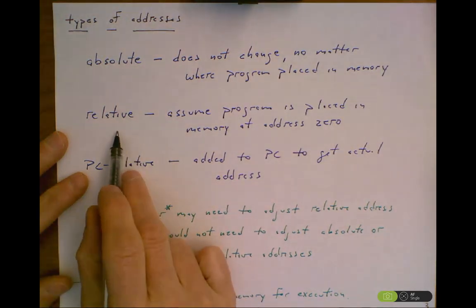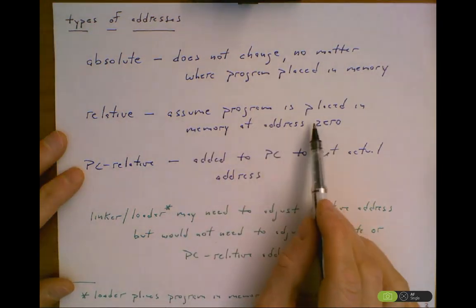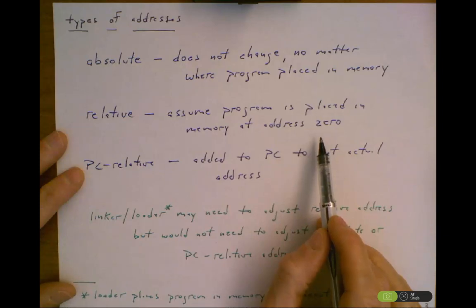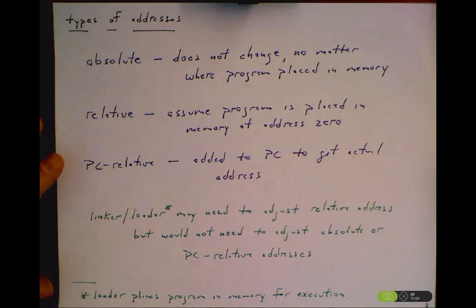You'll also hear people talk about relative addresses, which means the address is relative to the piece of code it's included in. This usually assumes the program is going to be placed in memory at address 0. So the piece of code assumes that the first piece of code will be at address 0, and everything else is relative to that.